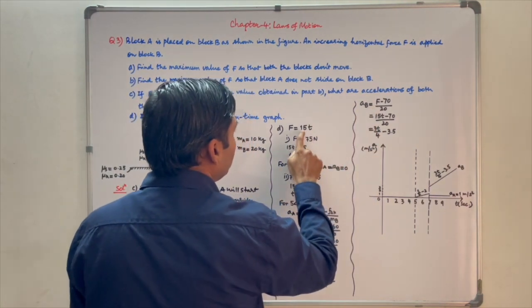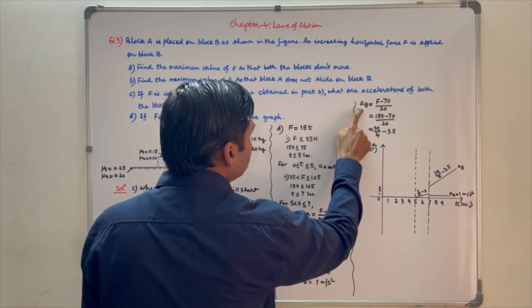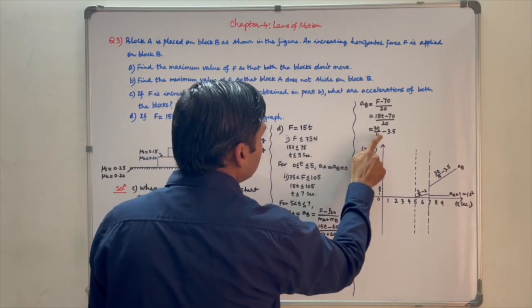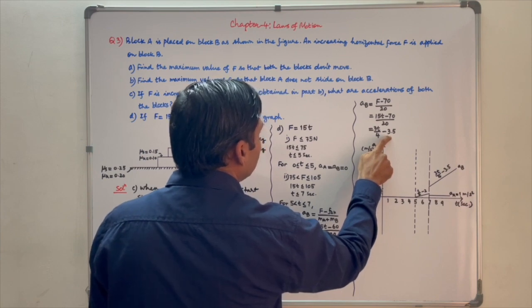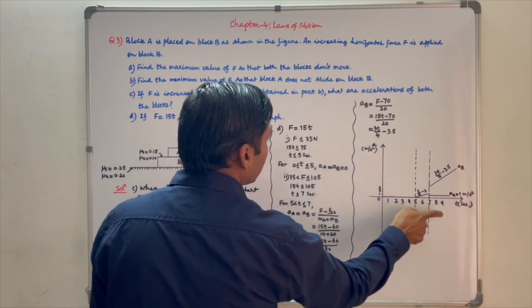Put F is equal to 15t. So acceleration of B is given by the formula 3t by 4 minus 3.5 meter per second square. Now we have got time interval and acceleration of both the blocks in those time intervals. So we can plot a-t graph easily.